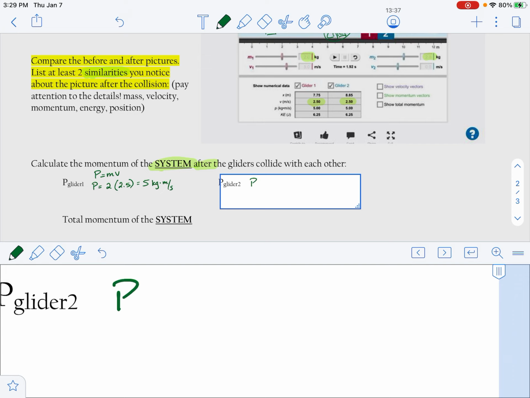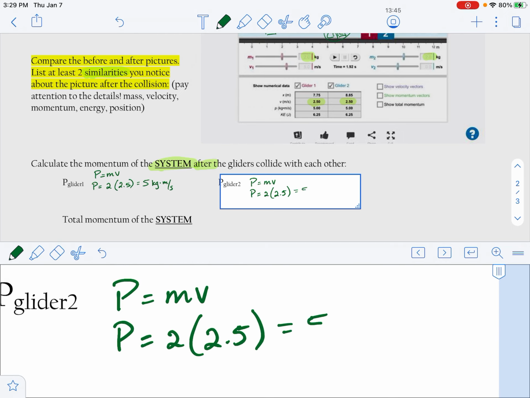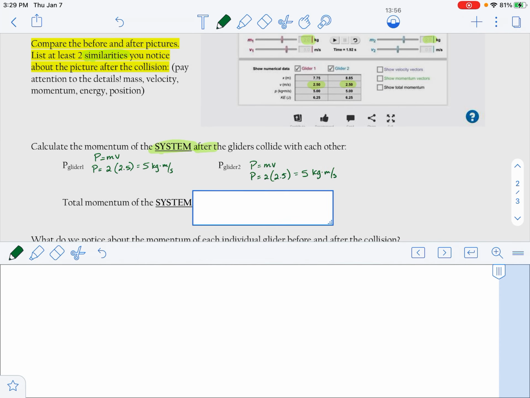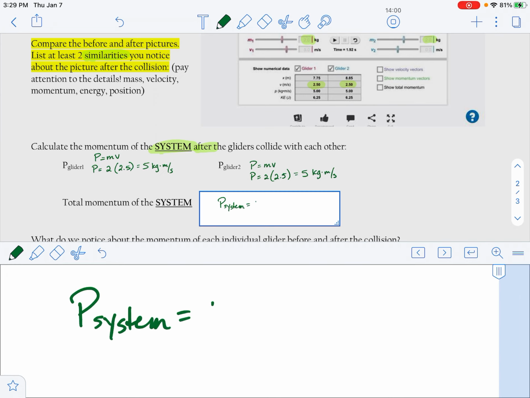Glider 2, P equals mv. The mass is still 2. The velocity is also 2.5. This gives me a momentum for glider 2 of 5 kilogram meters per second. All right, so the momentum of the system is the momentum of glider 1 plus the momentum of glider 2.